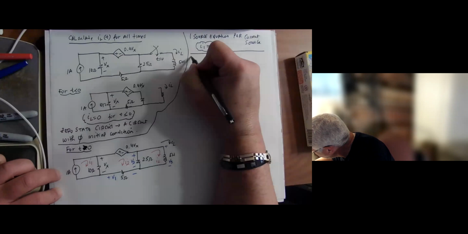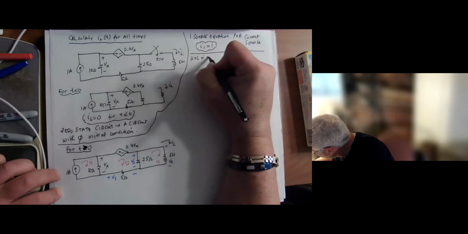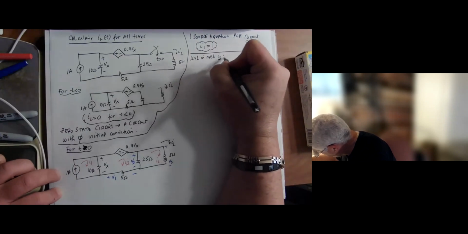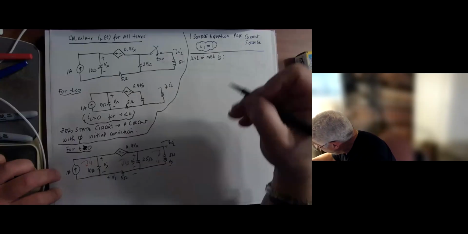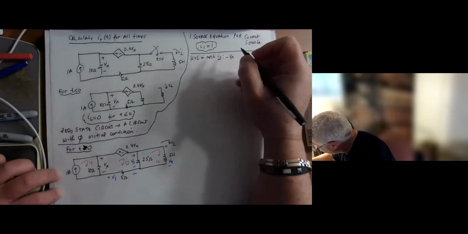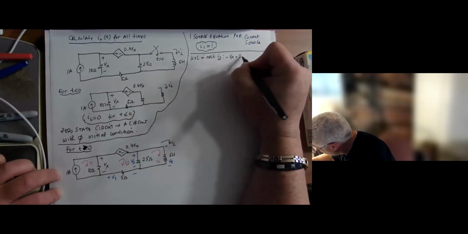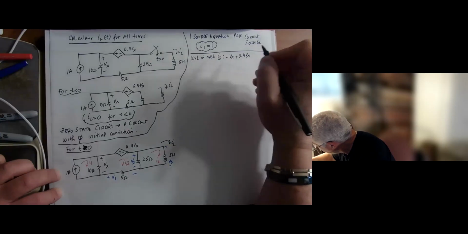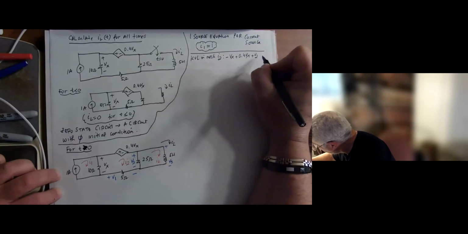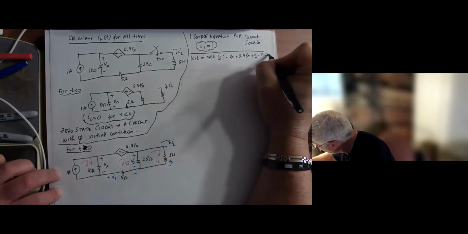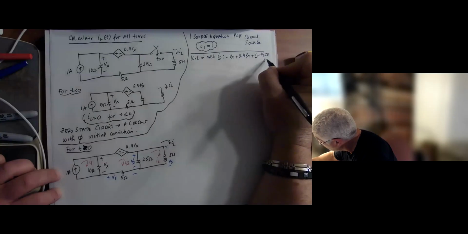So KVL in mesh I2: minus Vx plus 4Vx plus V2 minus V1 equals 0. Let's call this equation 1.